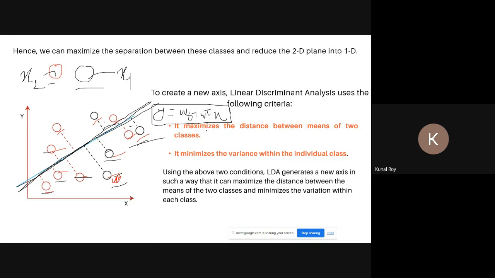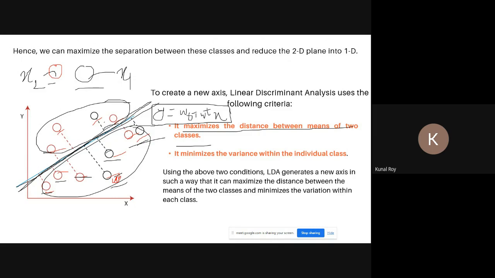So basically what it is doing is maximizing the distance between the means of two classes. That means we take the mean of the first class, the mean of the second class, and the overall mean. I have converted this into two classes using the discriminant function. But how can we use the linear discriminant analysis?